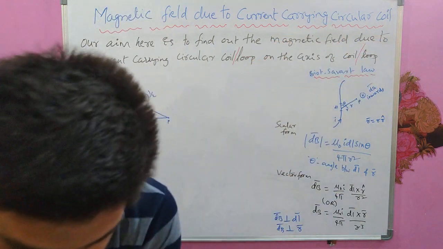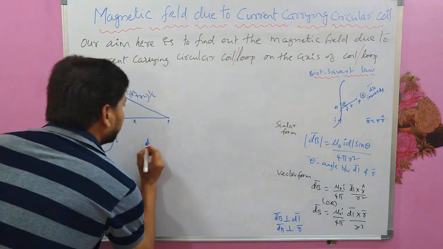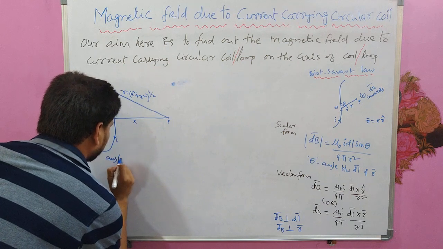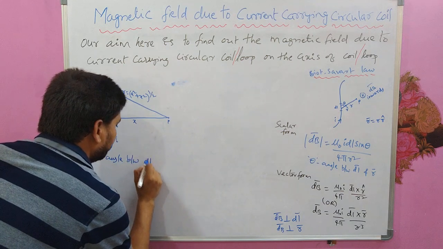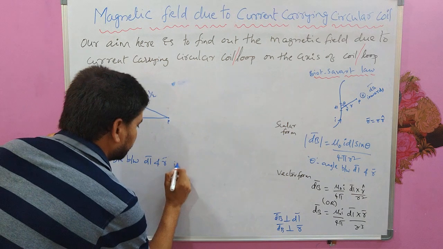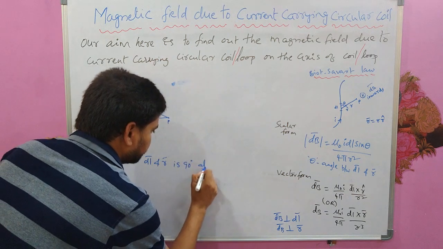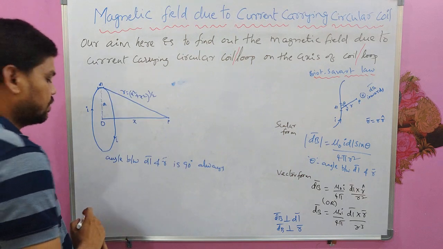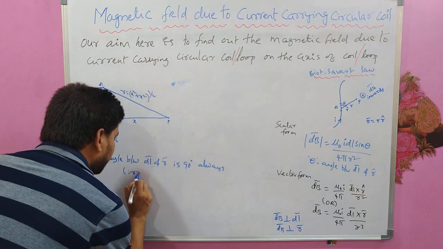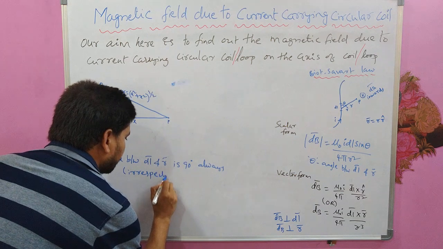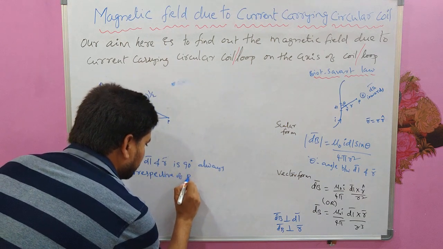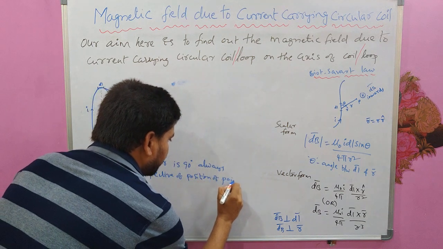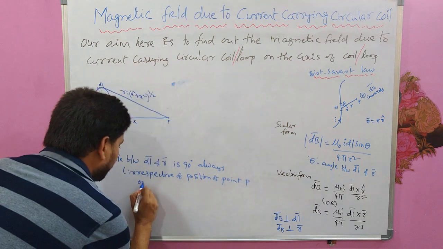So the theta here, the angle between DL and R bar, is 90 degrees always, irrespective of the position of point P on the axis.